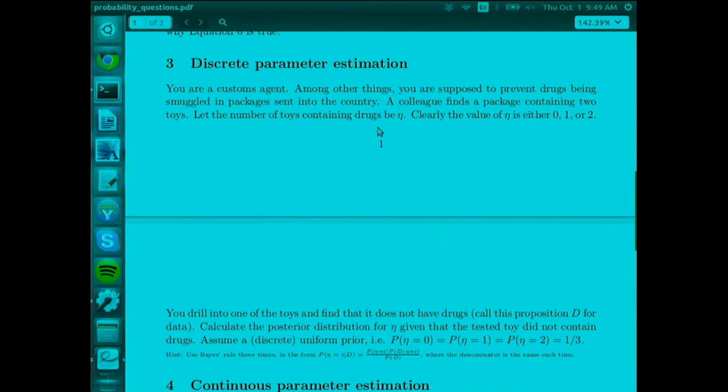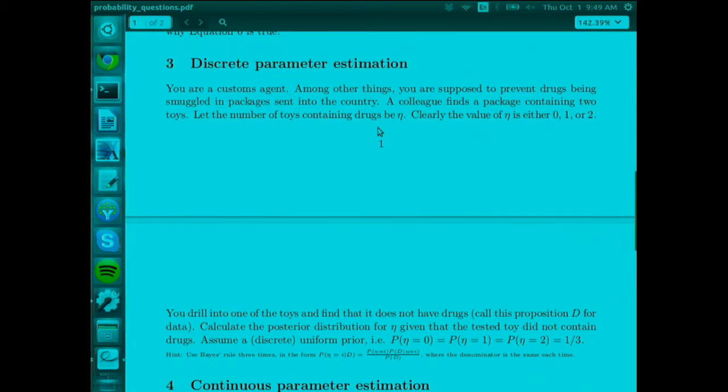That 0, 1, and 2 are all correct, in one sense, yes. Because when the data are so sparse, you just know that you ruled out one possibility. The easiest way is to get the two toys and the probability that one of them has drugs.